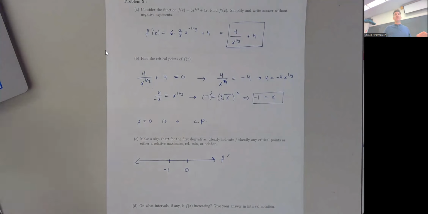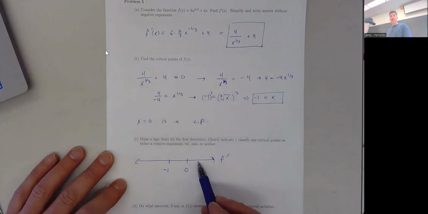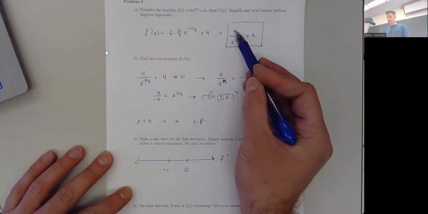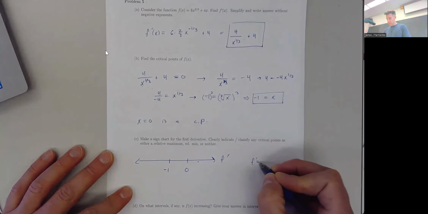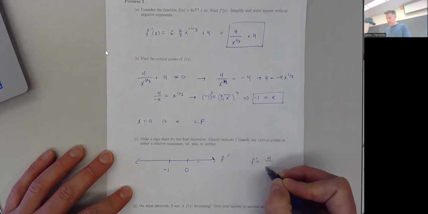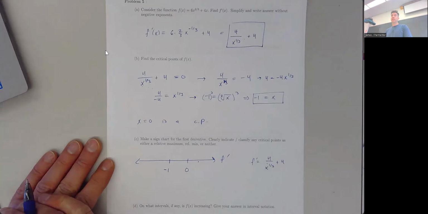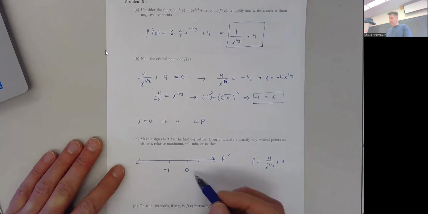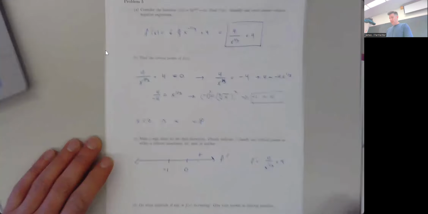Here, it's probably easier to plug in points. So let's pick a point larger than 0. I might pick 1. What's 4 over 1 to the 1/3 plus 4? Is it positive or negative? Positive. 4 over a positive number plus 4 is definitely positive.